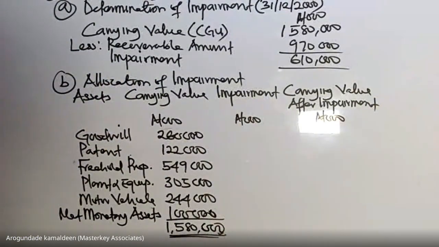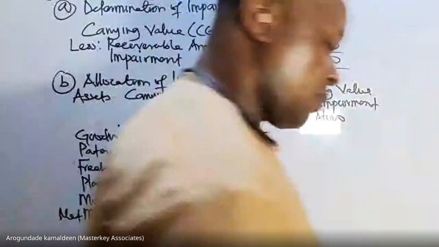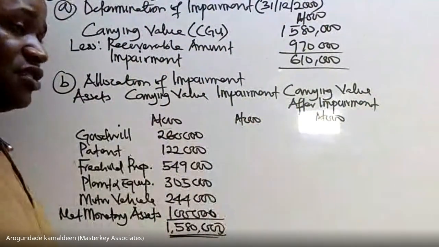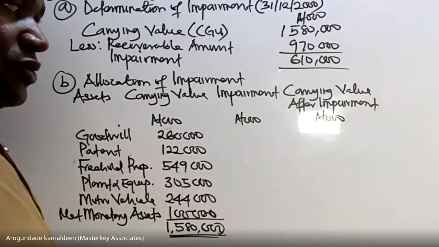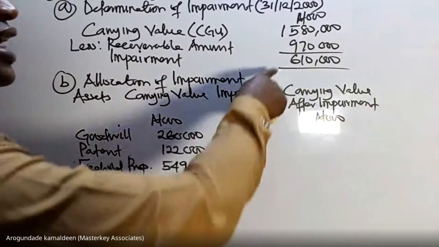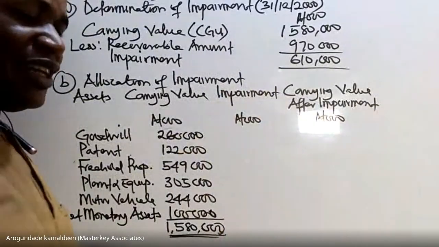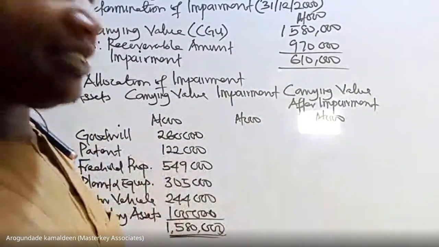Okay, class. I said that the impairment of the CGU follows a procedure. The first step is what? You allocate to any damaged asset. Here we have 610,000 as the impairment. But in this question, there is no case of any destroyed or damaged asset.